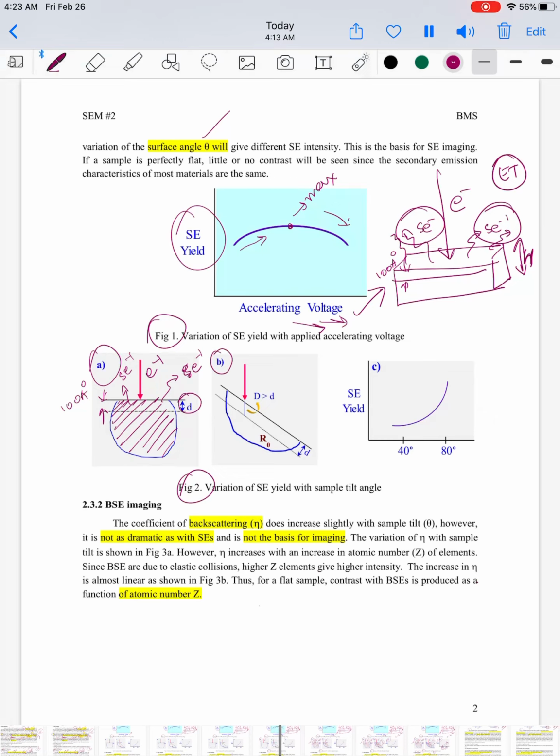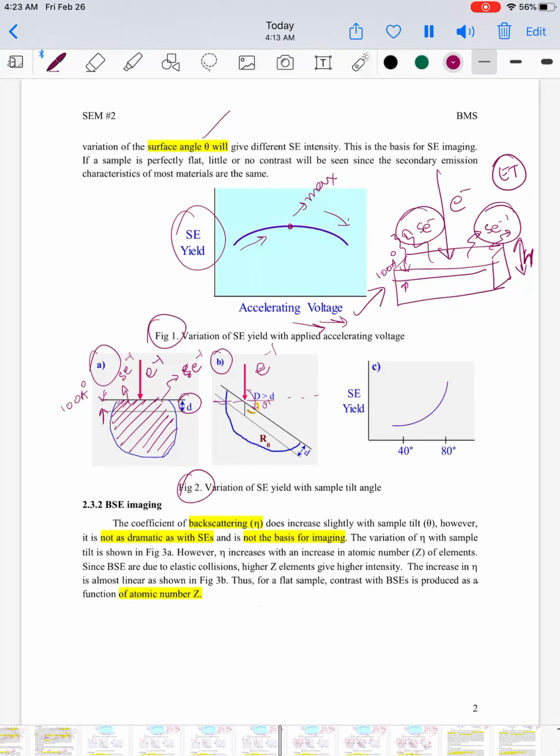Whereas as shown in figure 2b, if the electron beam interacts with the sample and the sample is tilted with respect to the electron beam, what happens to the interaction volume? It changes. More of the interaction volume comes near to the surface.